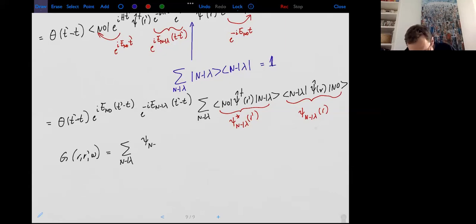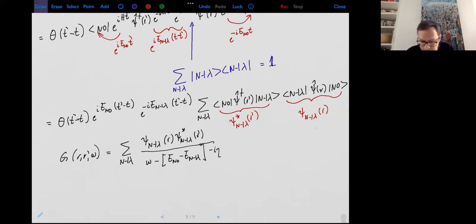We still have these wave functions here, n minus 1 lambda star r prime. And now because of this Heaviside step function, we get the following denominators. And then we also have to add a little infinitesimal to make the Fourier transform converge. But that's just a technicality.